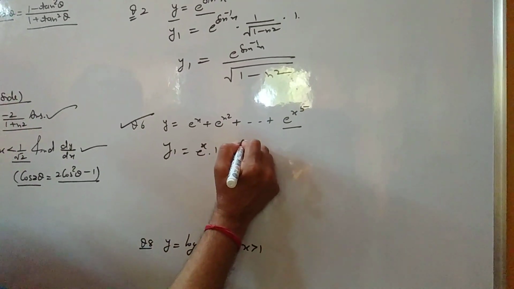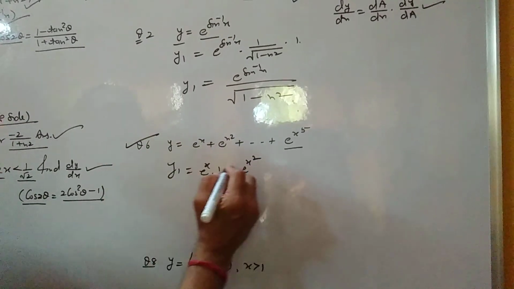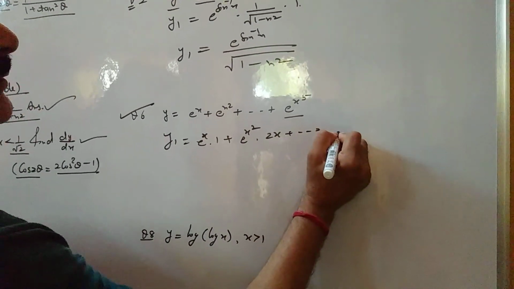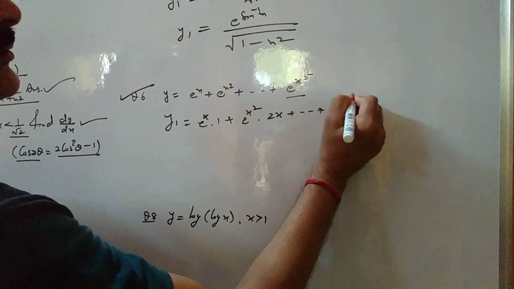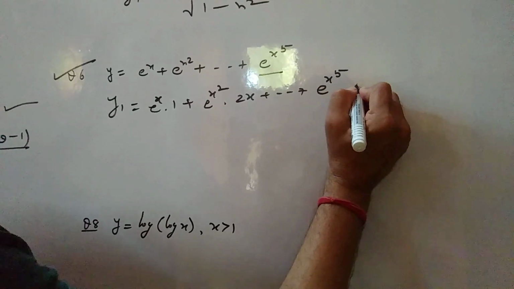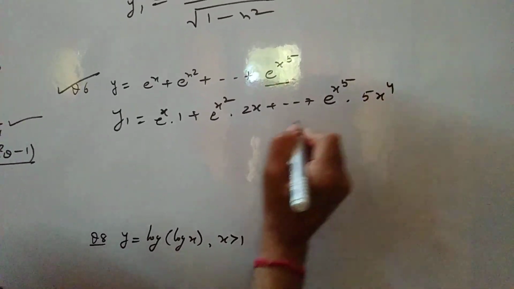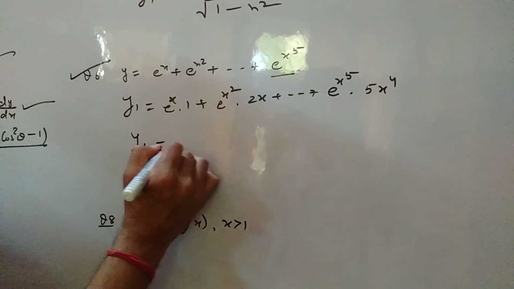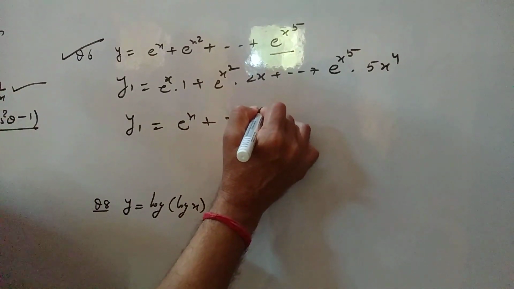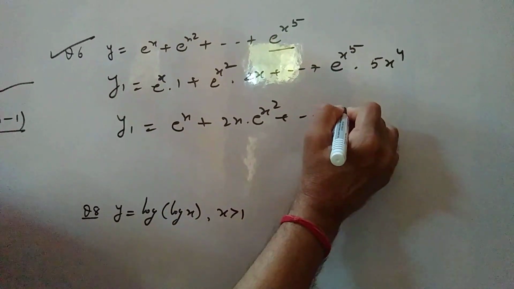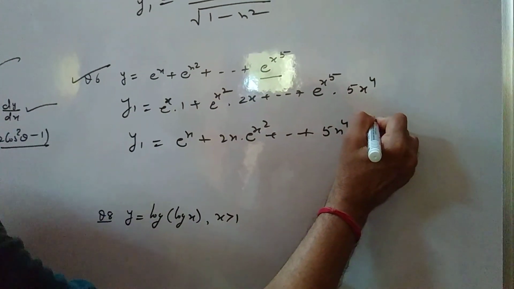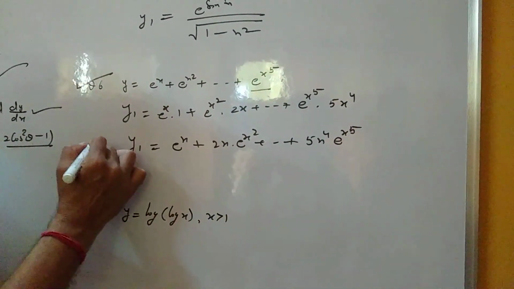Again e to the power x square, differentiation is the same, and the differentiation of x square is 2x, plus the last term e to the power x to the power 5, differentiation is the same, and the differentiation of x to the power 5 is 5x to the power 4. So our answer is e to the power x plus 2x into e to the power x square plus 5x to the power 4 into e to the power x to the power 5.